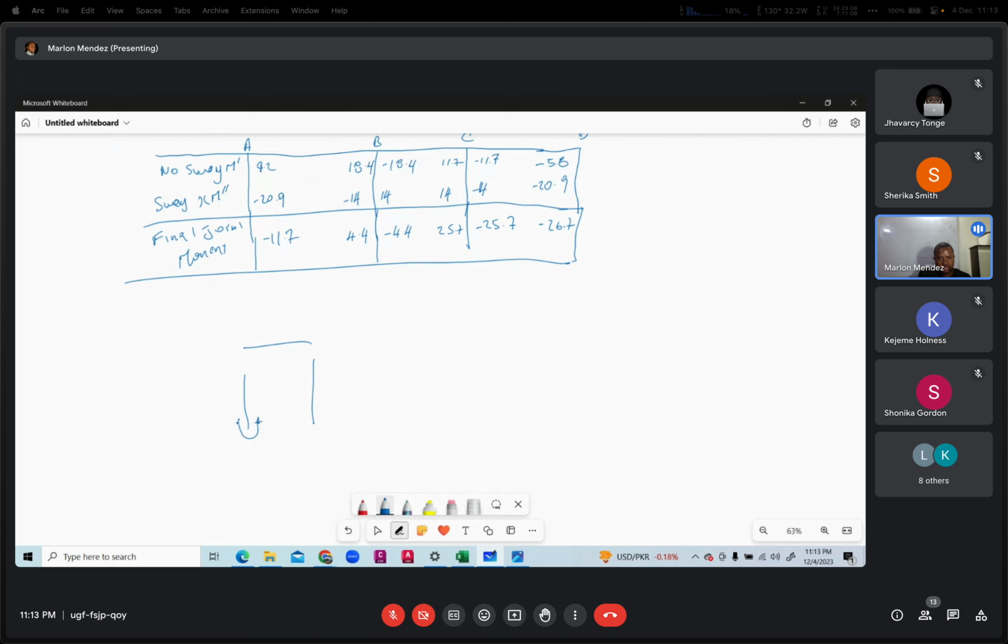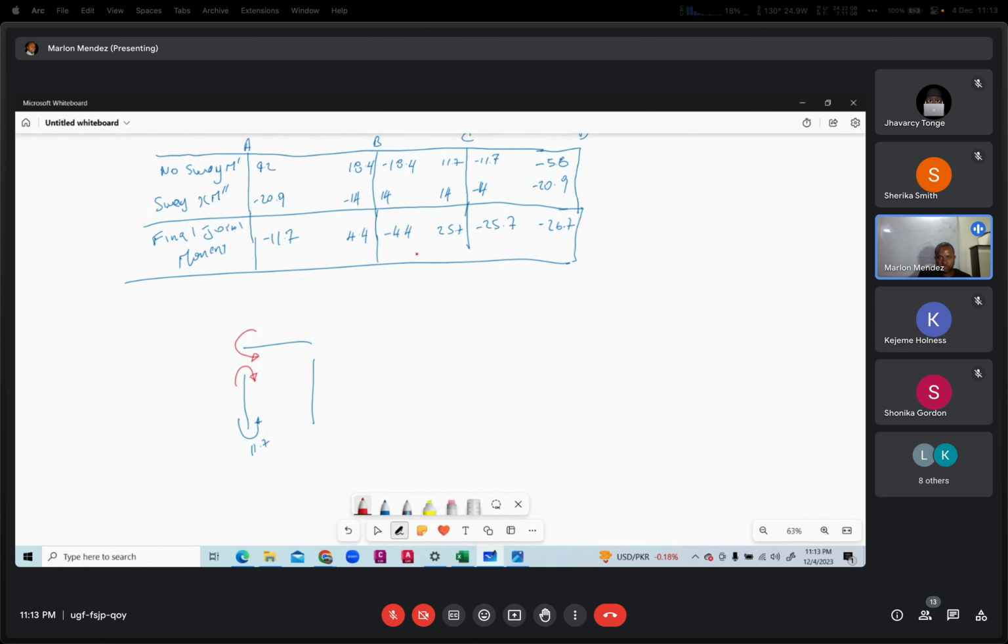The tail is here, so this is 11.7. This one goes positive, so it goes like this. The tail is here, where this is going anti-clockwise.